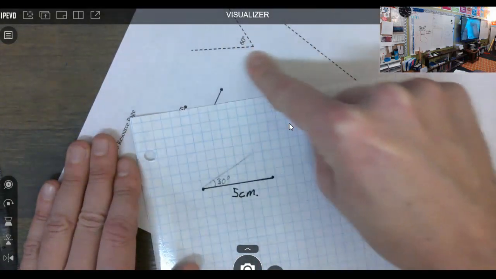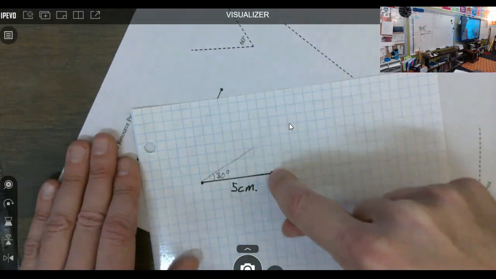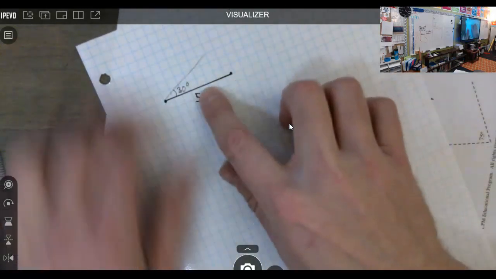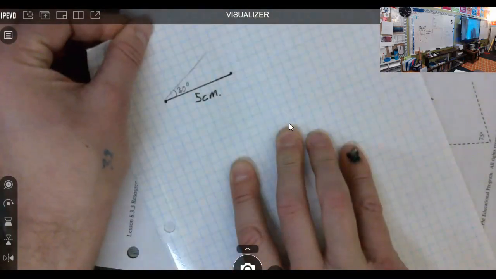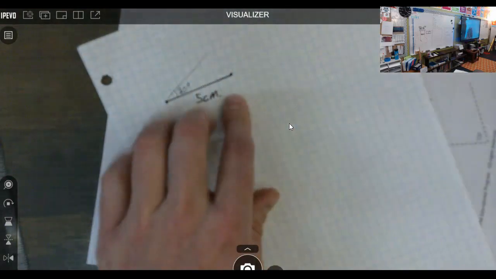If you're not looking up here, this means nothing, because now my angle is on the other side of my shape. So I gotta flip my paper around so that this lines up with the bottom of that 60. So then I can draw my 60 going up. Okay.